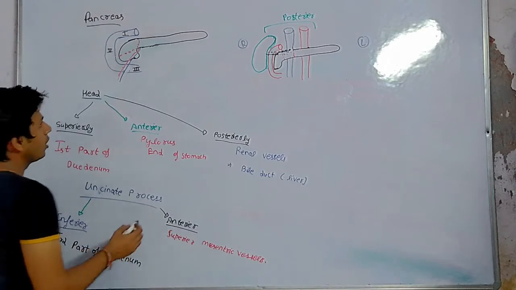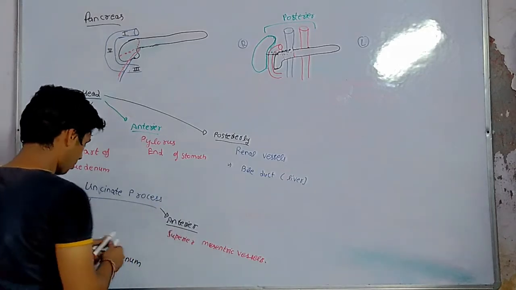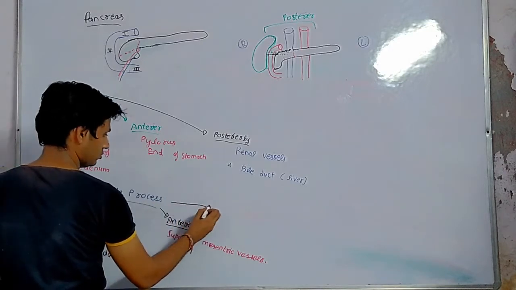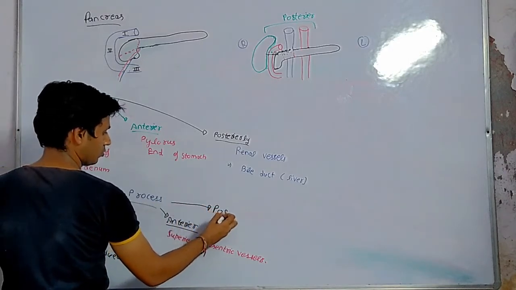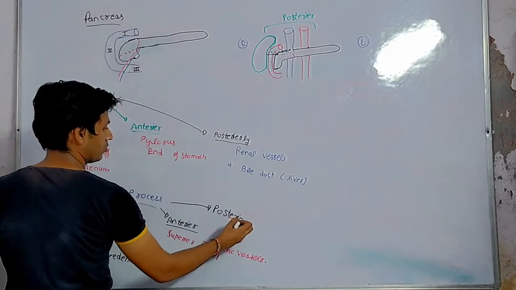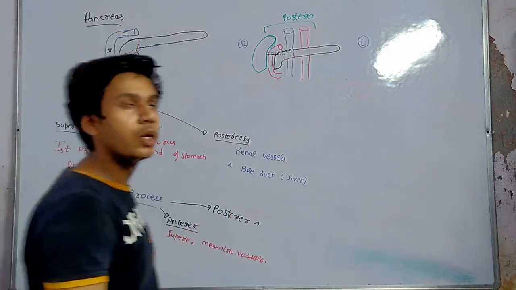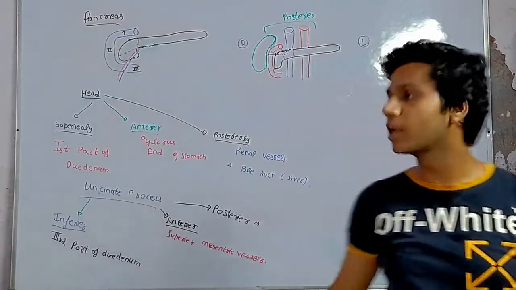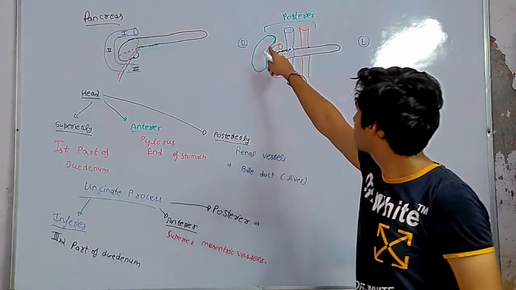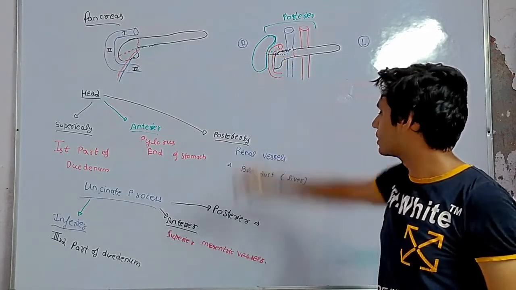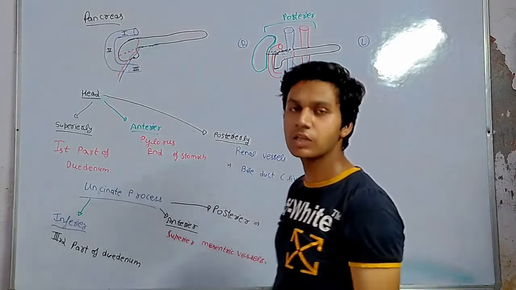Now posterior to the uncinate process, ureters are also included in the posterior relations, because of the kidney, so the ureter must also be present here. The ureters go like this. If we draw the ureter, this is the ureter posteriorly.